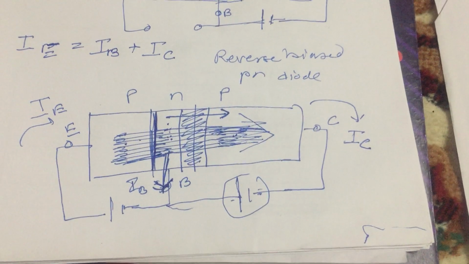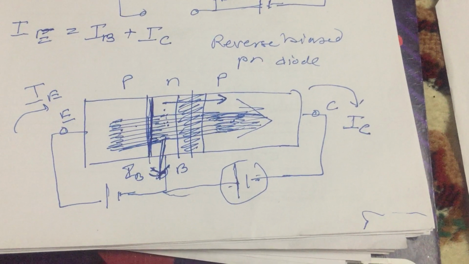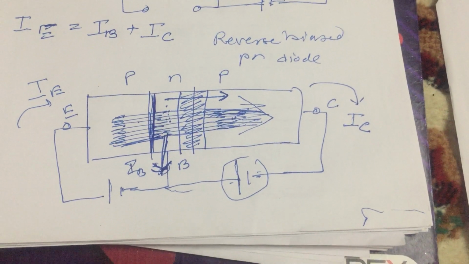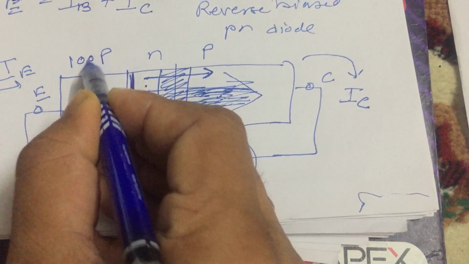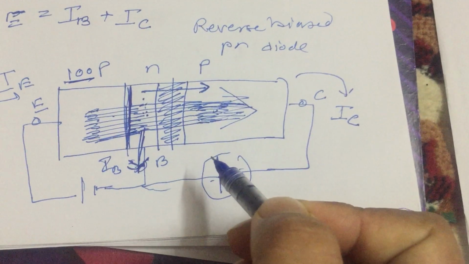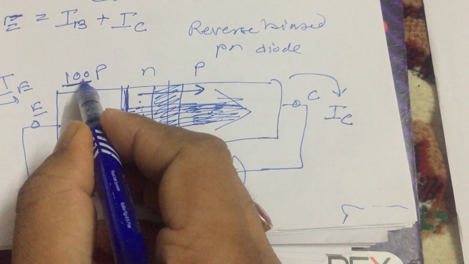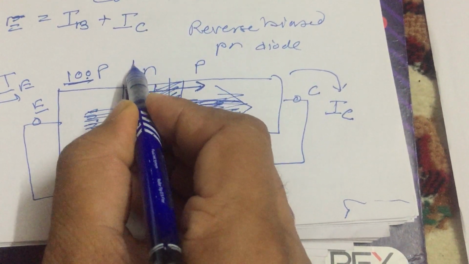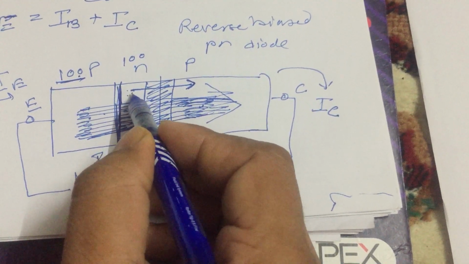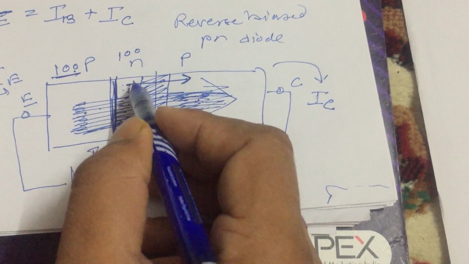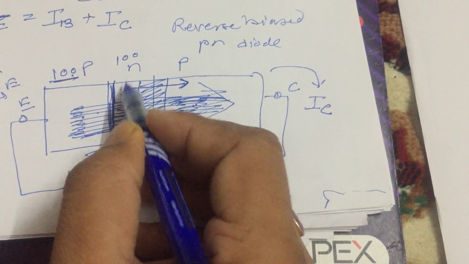Now someone asks me why this base current. We take a simple example. For example, here are 100 holes, and the emitter base is forward biased, so all hundred are able to cross the junction. Here there are some electrons, so some electrons will recombine with holes.